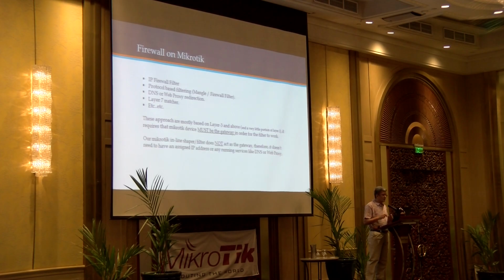Our Mikrotik inline shaper does not act as a gateway. Therefore, it doesn't need to have an IP address assigned or any running services. So you have a unit with nothing in there except the bridge and a few lines of code. All right.